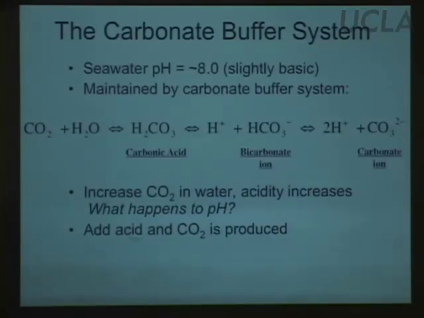Are we making H plus or are we consuming it? We're making more. So what's going to happen to the pH? It's going to go down. When you add CO2 to seawater, it becomes more acidic. CO2 acts like a weak acid when it dissolves in water.